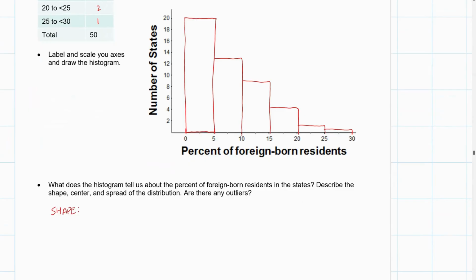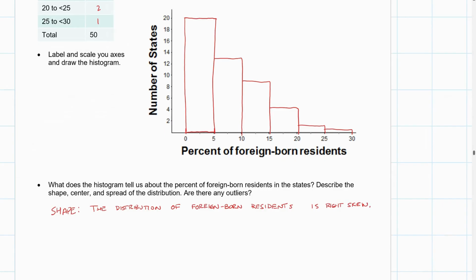Shape, and this is where I'm going to make sure I include my context, that the distribution of foreign-born residents is, in this case, right skew. That tail is on the right-hand side. This is a right skew distribution.